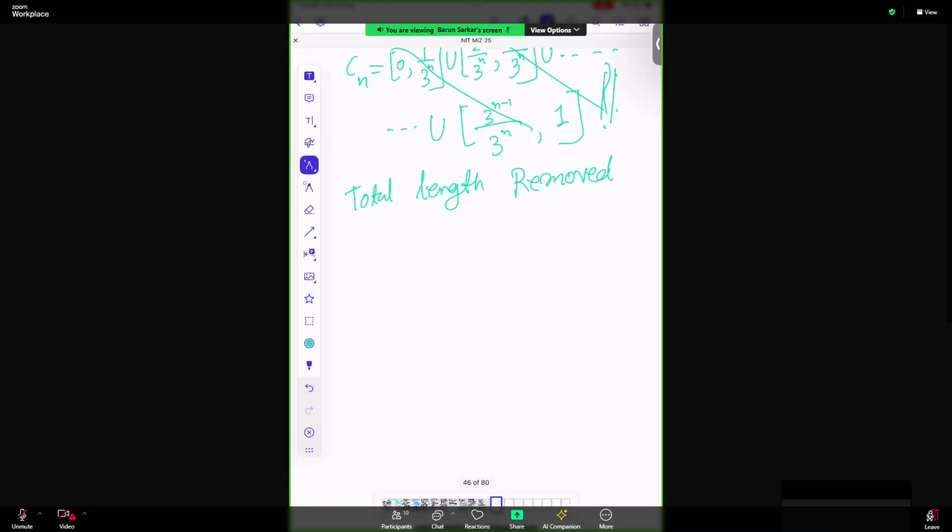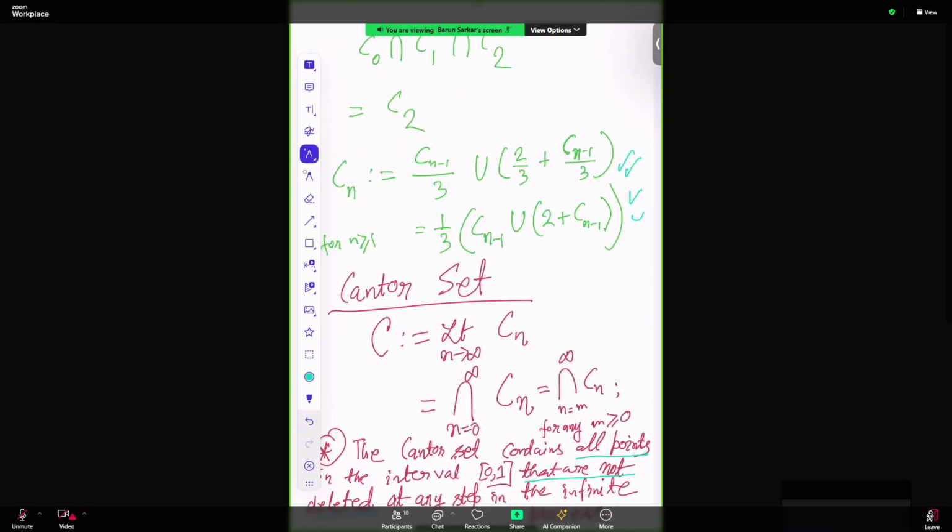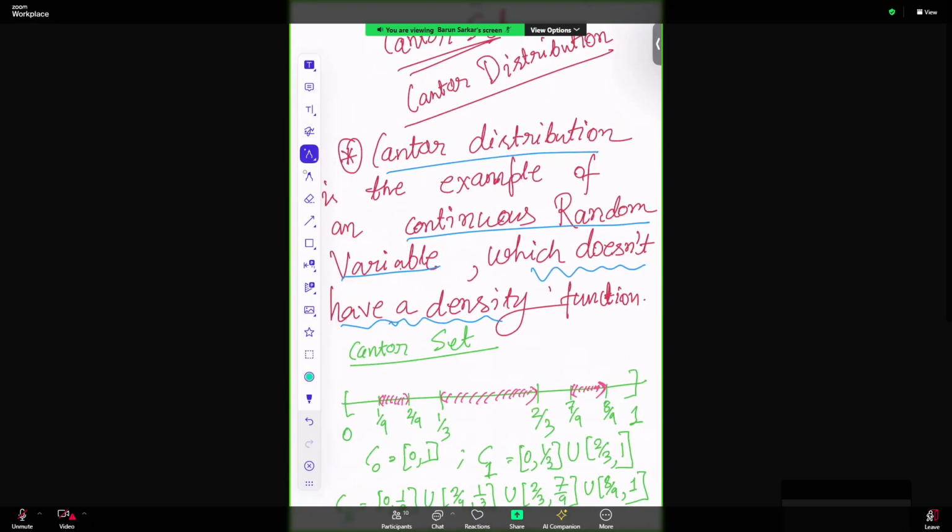So what is the total length removed? The first time you remove one third. The second time you are removing (2/3) squared. The third time you are removing (2/3) cubed.